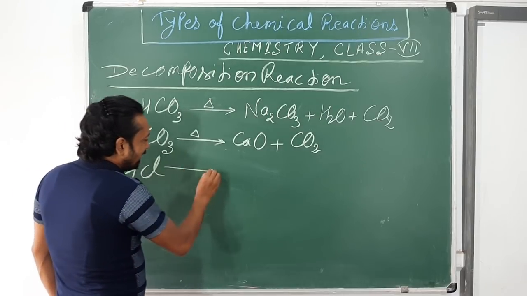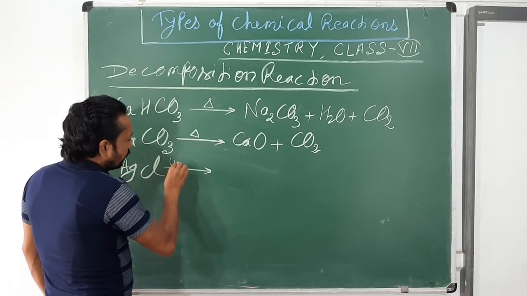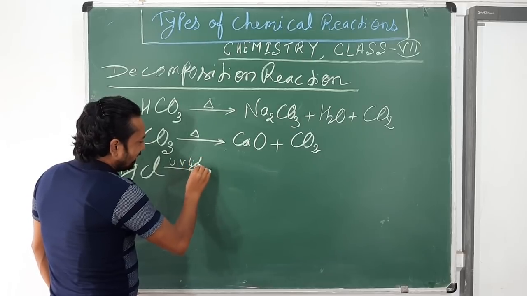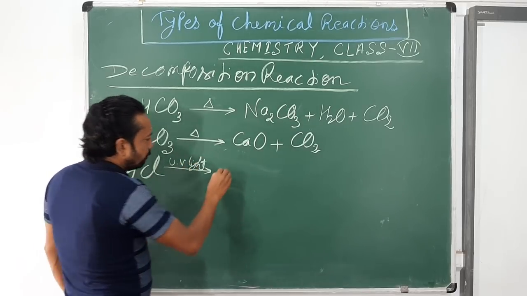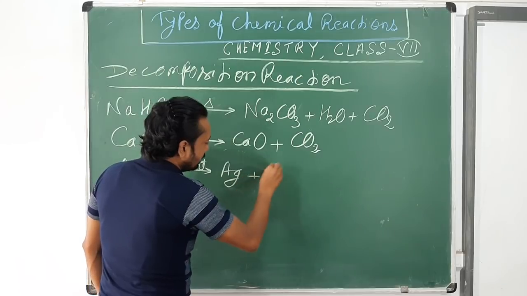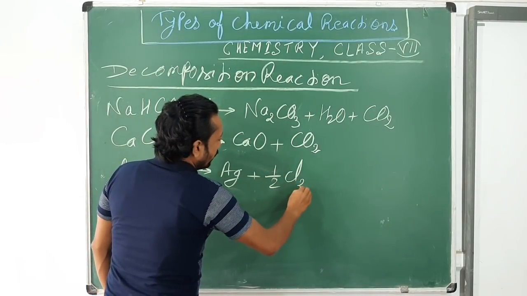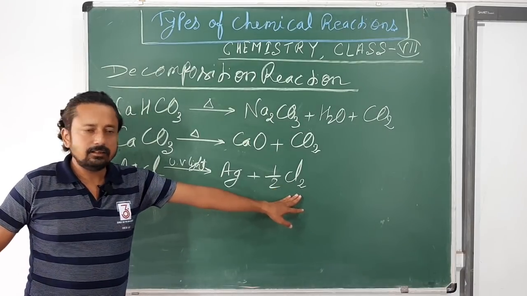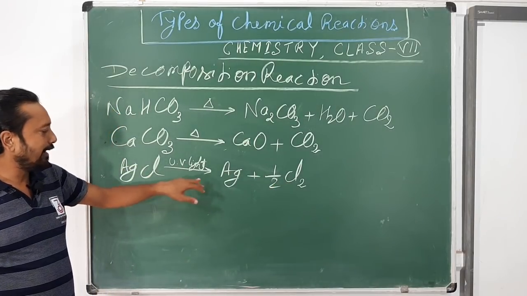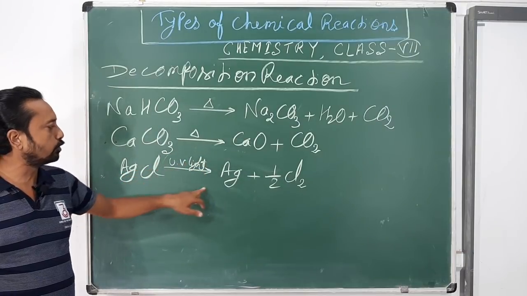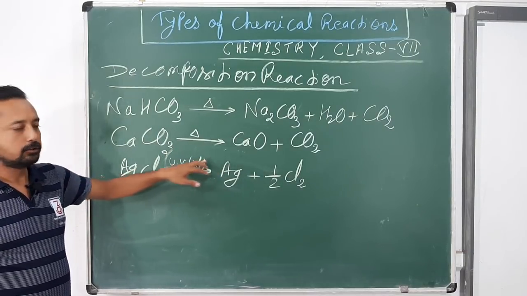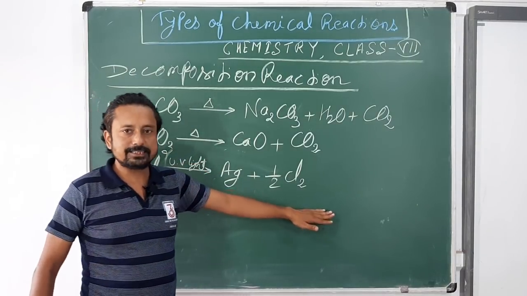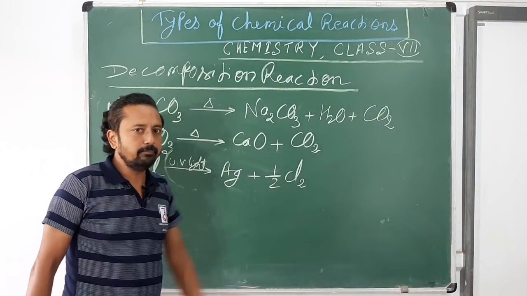When AgCl is exposed to UV light or sunlight, then it decomposes and forms silver and also releases chlorine. So this is also a decomposition reaction, but in this reaction decomposition is due to photons or UV light or sunlight. Such types of decomposition reactions are called photo decomposition reactions.